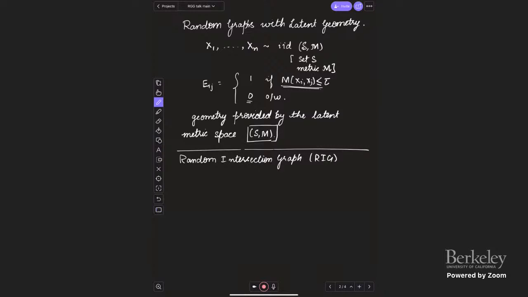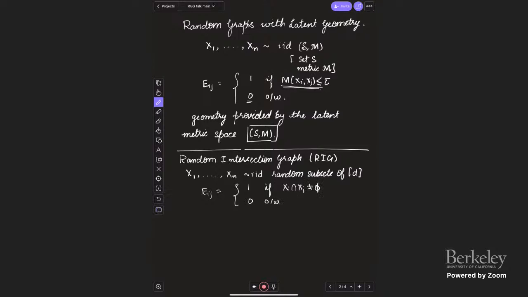How do we generate an RIG? We pick x1 to xn to be IID random subsets of a universe set D, and e_ij, the edge indicator, is 1 if xi intersection xj is not a null set, and 0 otherwise.